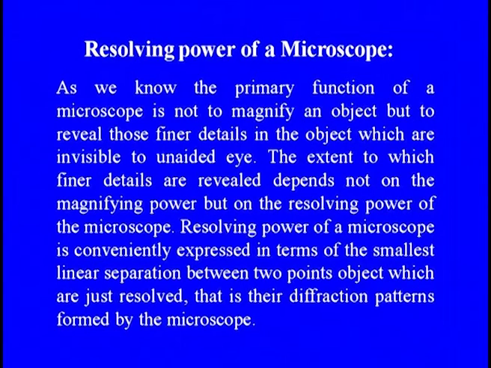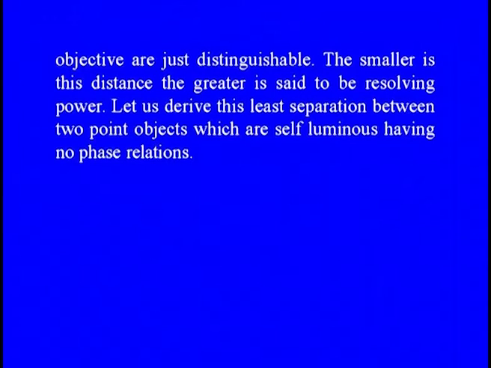Resolving power of a microscope is conveniently expressed in terms of the smallest linear separation between two point objects which are just resolved, that is, their diffraction patterns formed by the microscope objective are just distinguishable. The smaller this distance, the greater the resolving power.